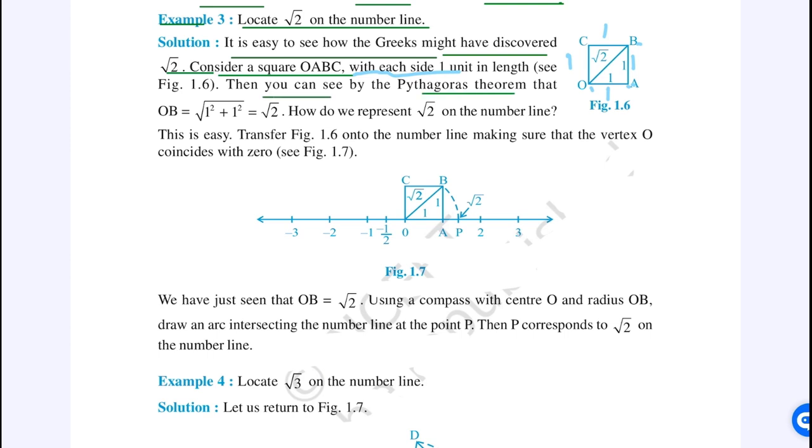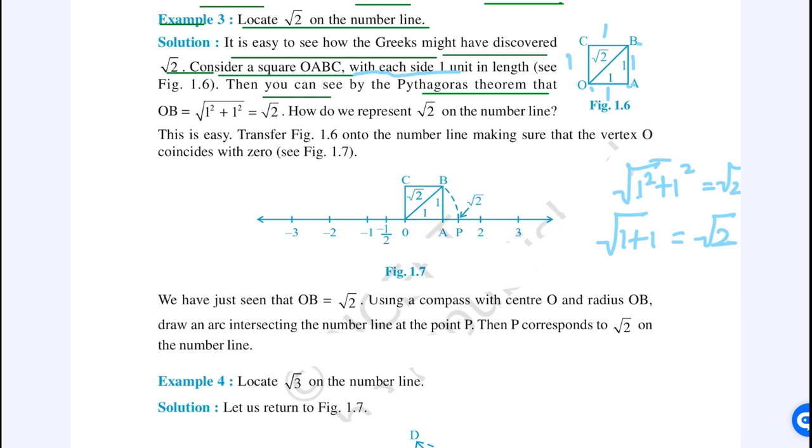Then you can see by the Pythagoras theorem that OB equals root of 1 square plus 1 square, which equals root 2. How? Let's see. Root of 1 square plus 1 square. 1 square is 1, 1 square is 1. So it comes to root 2.